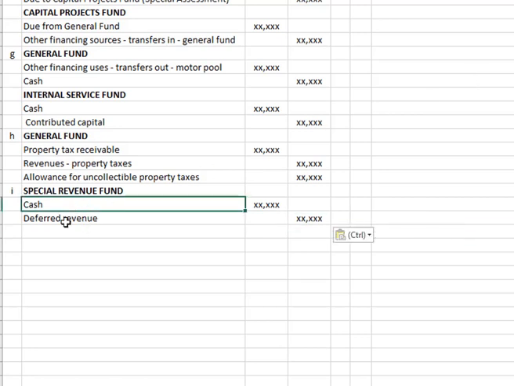So we're getting the cash in, and it has to go in the special revenue fund because it's restricted, and it must be deferred. We can't even record the revenue yet until we carry out what we were supposed to spend the money on. And if we don't, we actually have to return the funds to the folks issuing the grants. That's relatively rare, because most organizations will do exactly what the grant told them to do.